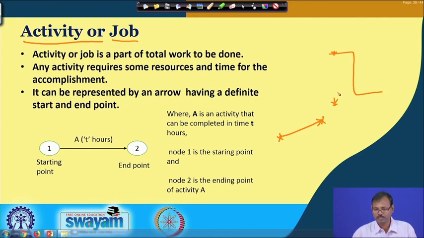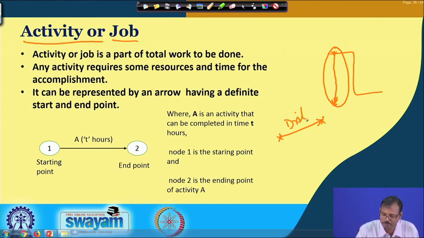That is the drilling requirement. So, since this is an arrow there must be a starting point and an ending point. These activities are expressed in those terms: this expresses the drilling, which starts at this point and ends at this point, but these are not physical points.